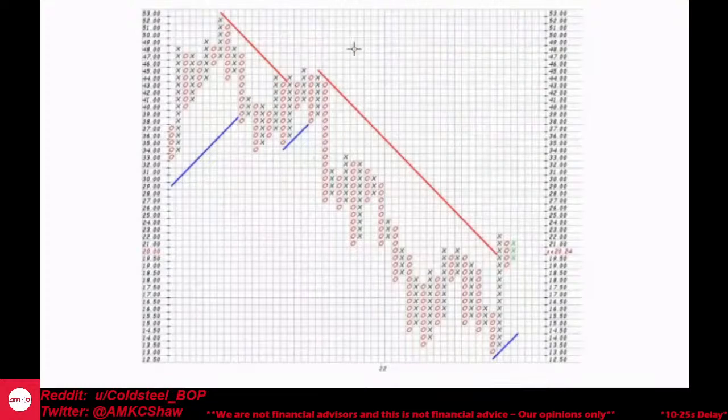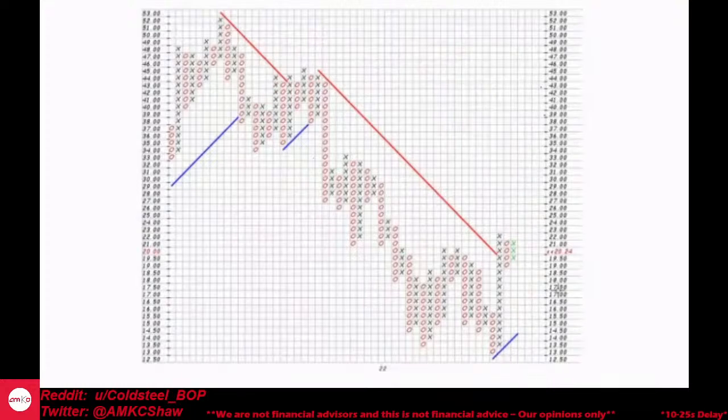You can use it to count how high the run's going to be, because we're going to run. We've broken this resistance line and started a new upward trend line. We've come over this trend line, so we're no longer in this downtrend, and we're on the uptrend.